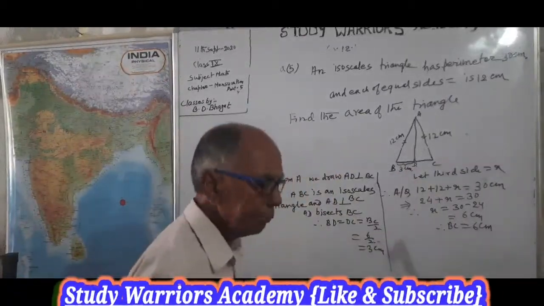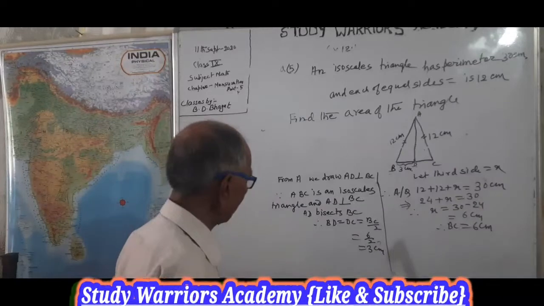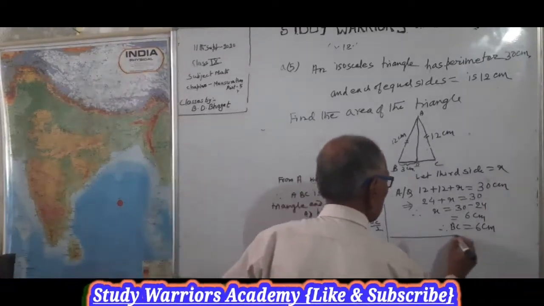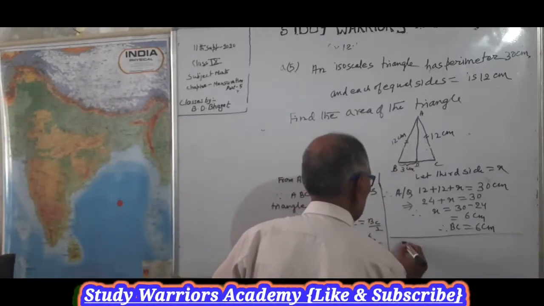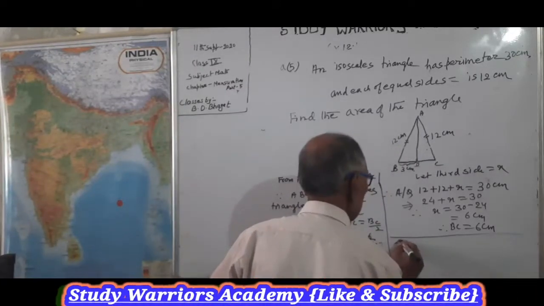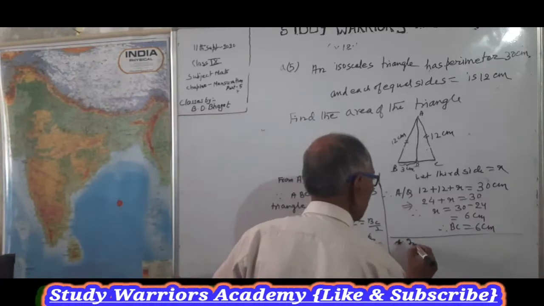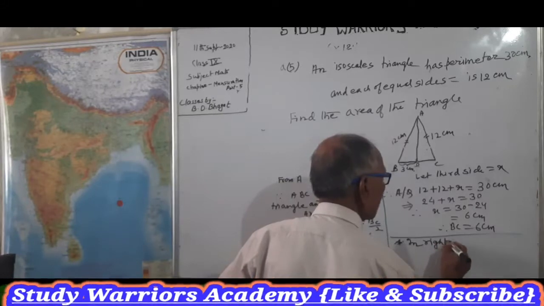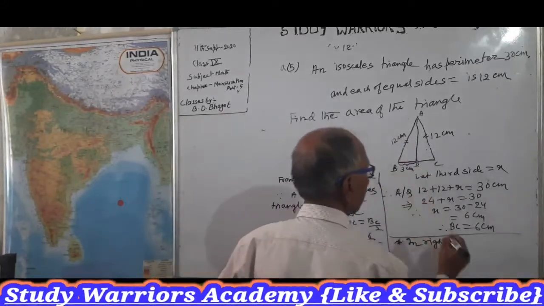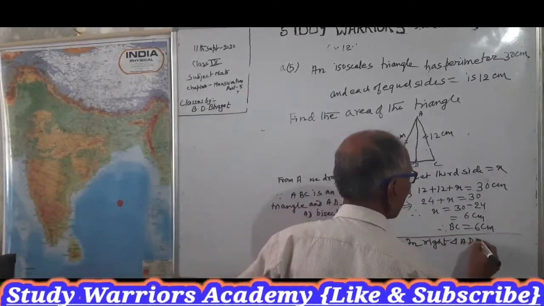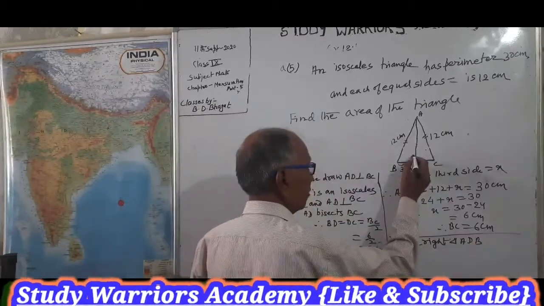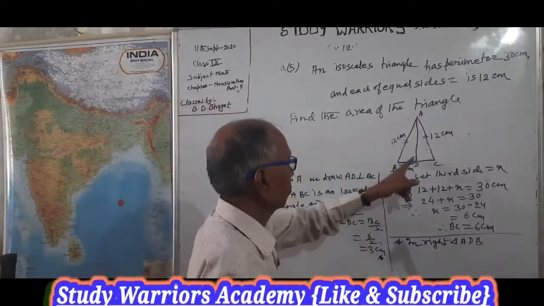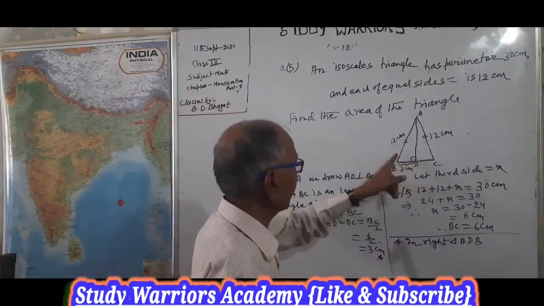Find the value of AD. Therefore, in right triangle ADB, I am saying right triangle because this is perpendicular, so this angle will be 90 degree, and the side opposite to 90 degree is called hypotenuse.